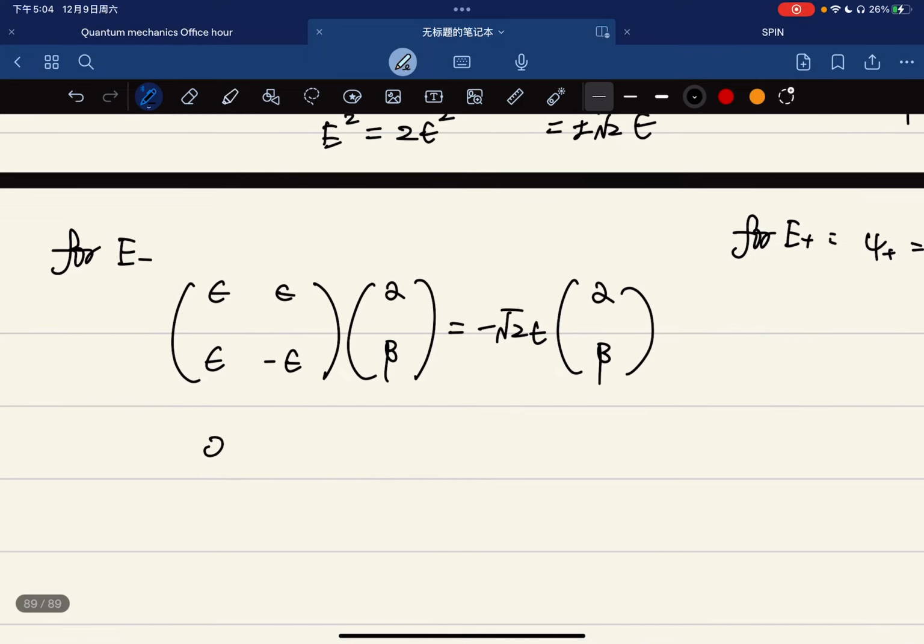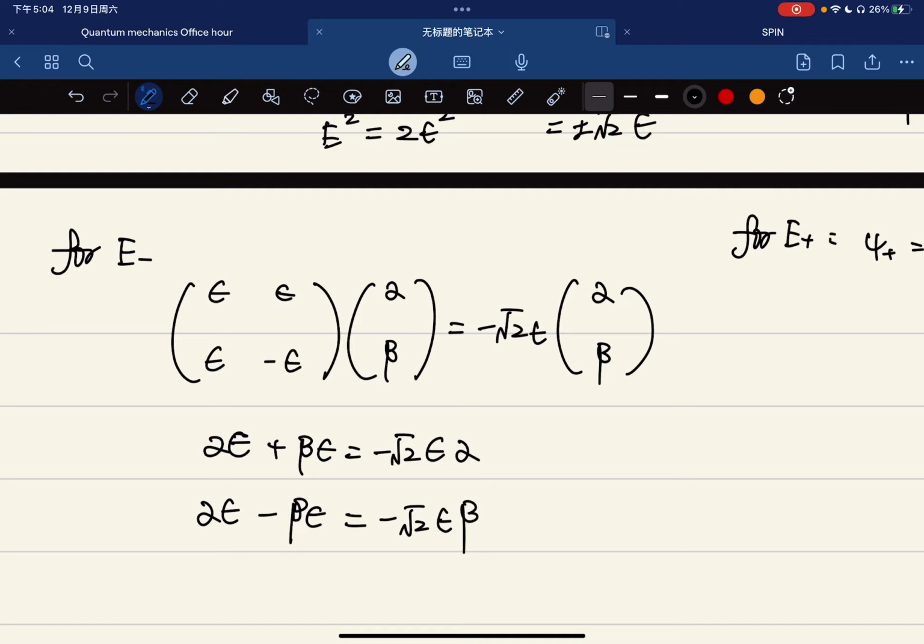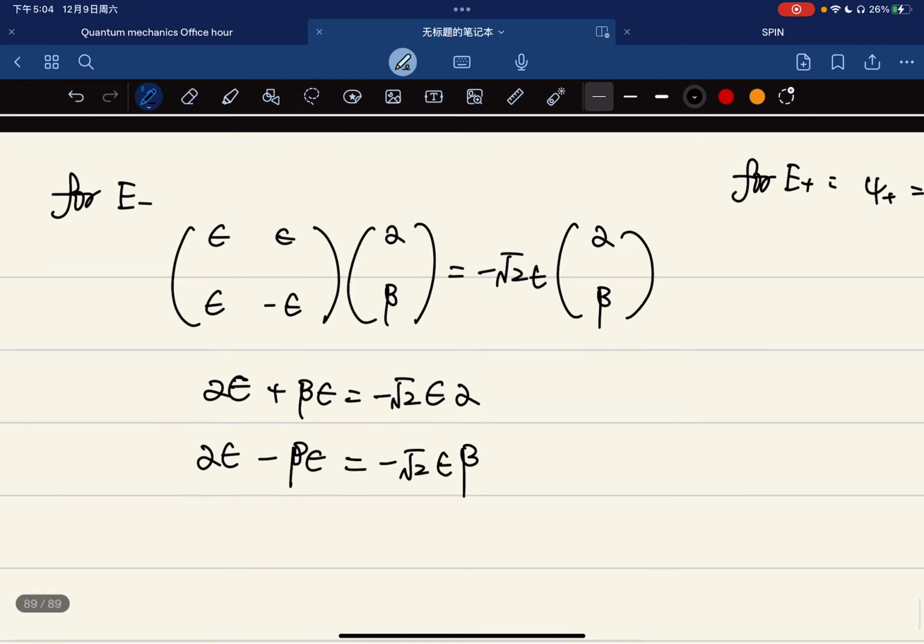And if I cancel the small e, I will have alpha plus beta is equals to this, and alpha minus beta is equals to this.